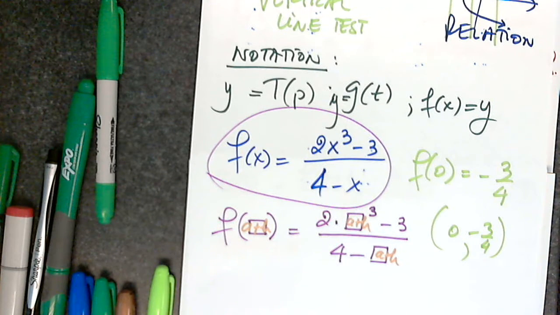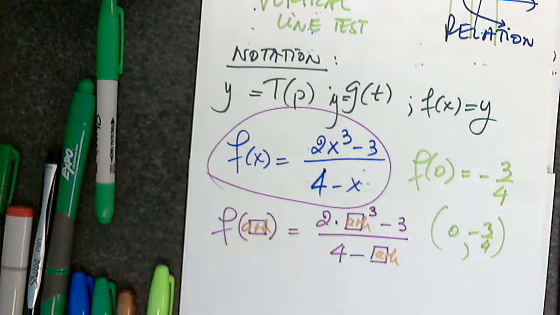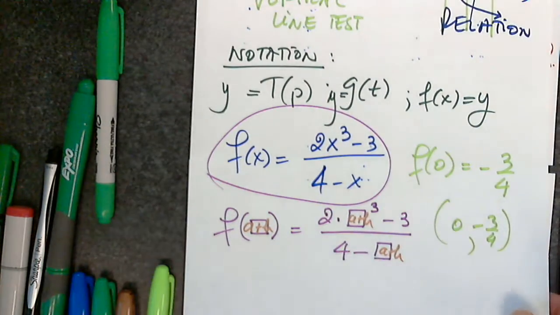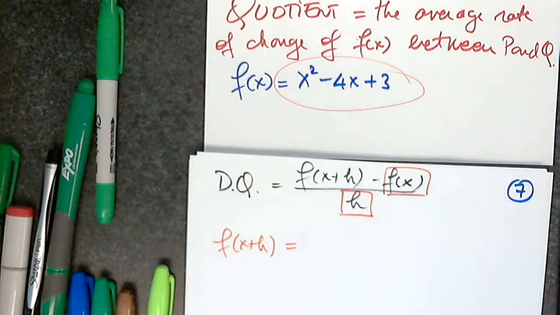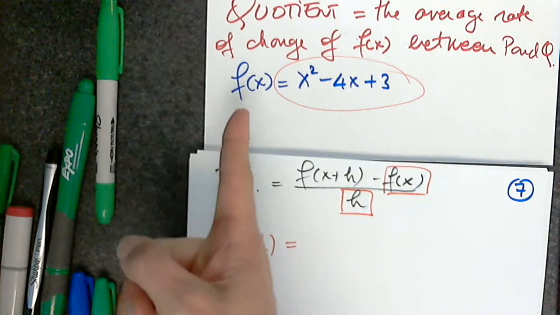Because I want you to connect the information and tell me how to write f of x plus h. You put in x plus h wherever x is in the formula. Of course. That's an input, right? That's the input into that function.